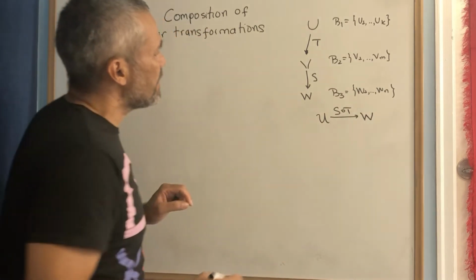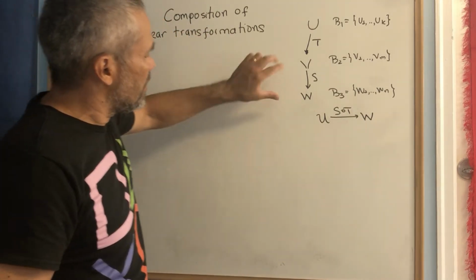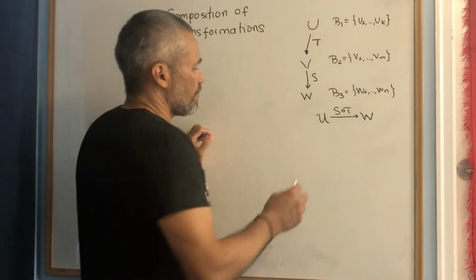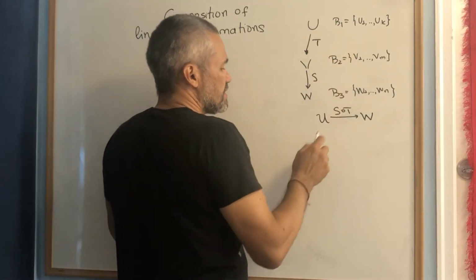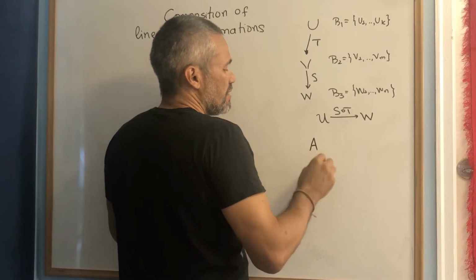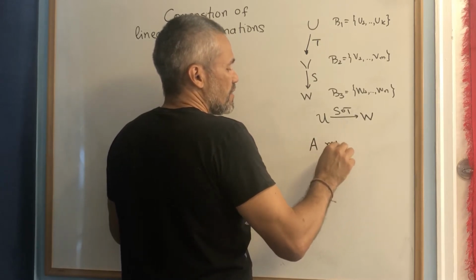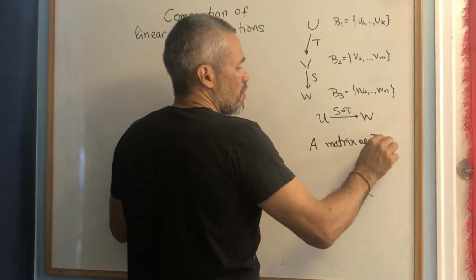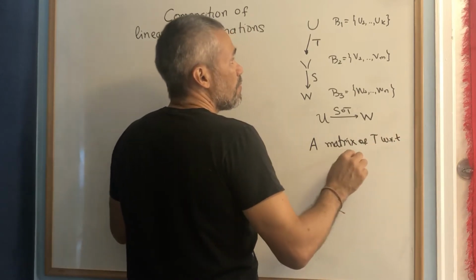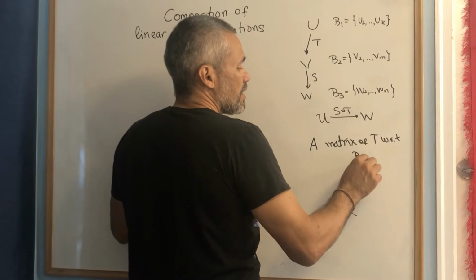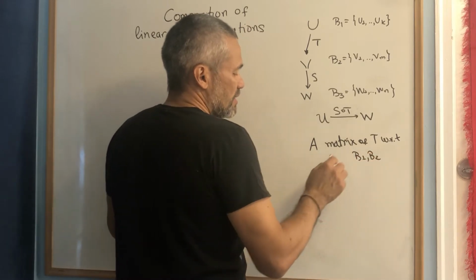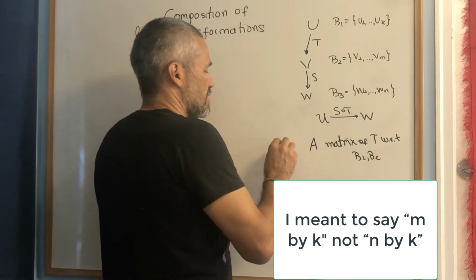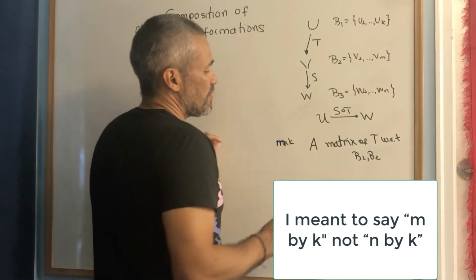And then an important theorem says that if I compute the matrix of T, let me just say A is the matrix of T with respect to bases B1 and B2. Remember, this is an n by k matrix.